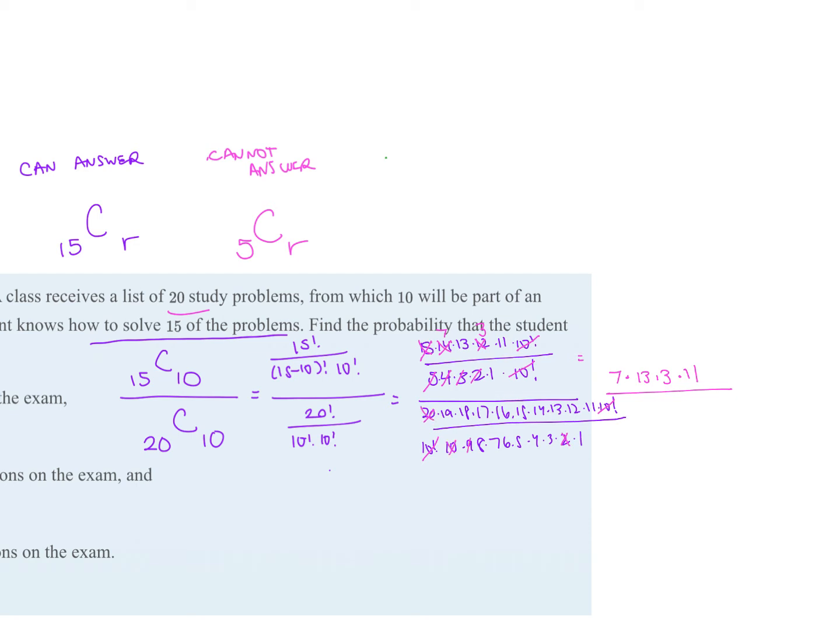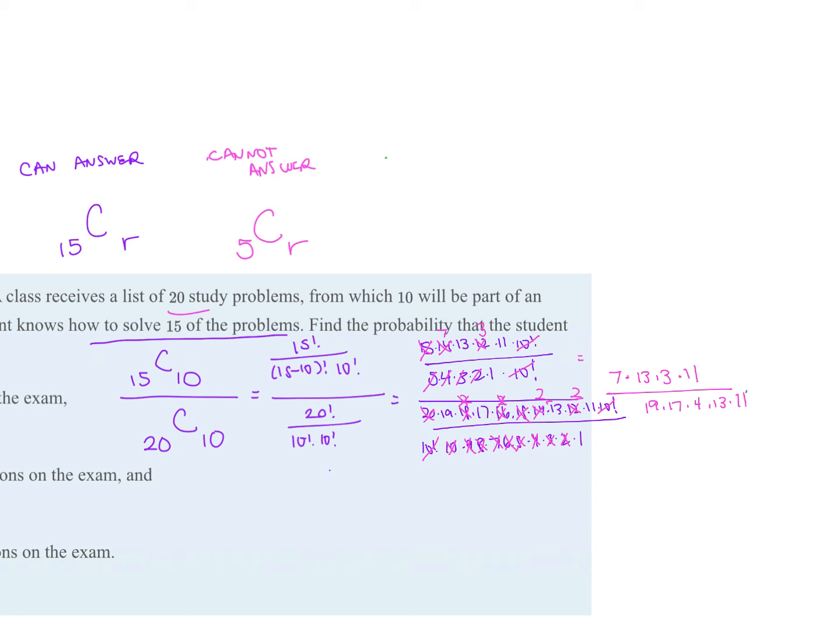Then we have 9 goes into 18 2 times. 8 goes into 16 2 times. And then we have a 4 here, so let's cancel out both 2's. 5 times 3 is 15. 6 goes into 12 2 times. 7 goes into 14 2 times. So now the denominator is 19 times 17 times 2 times 2, which is 4, times 13 times 11.